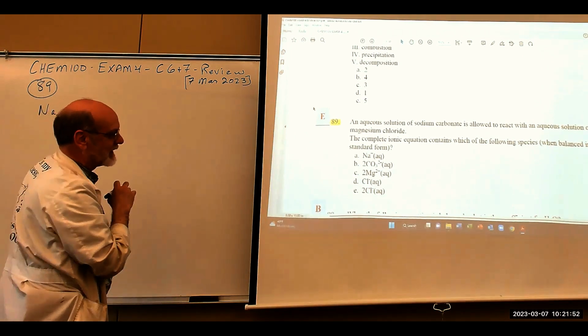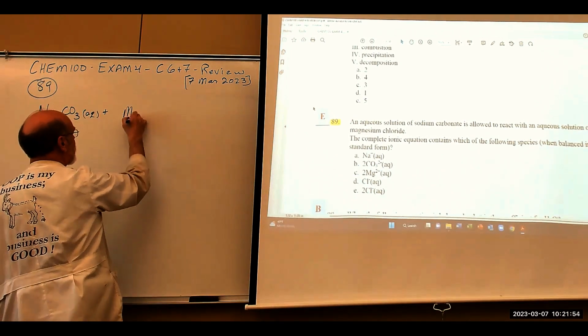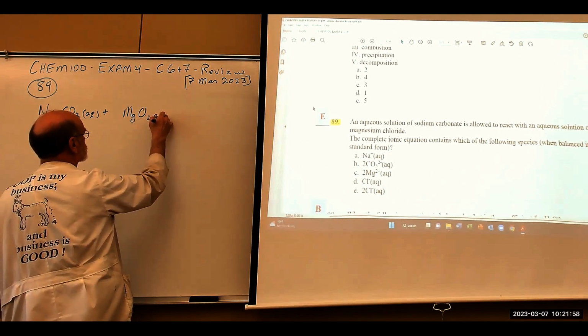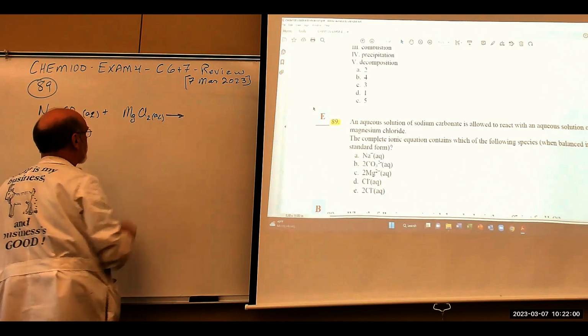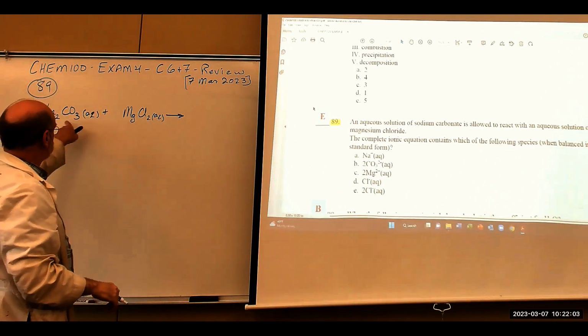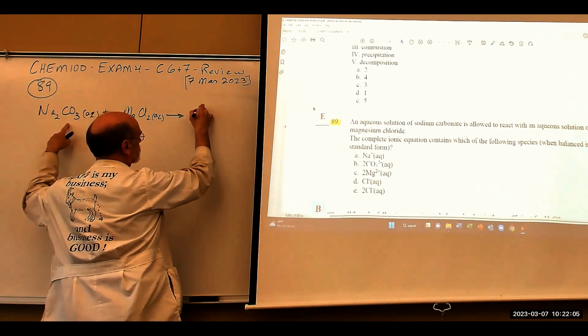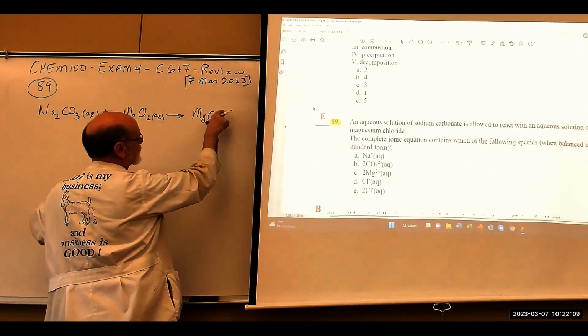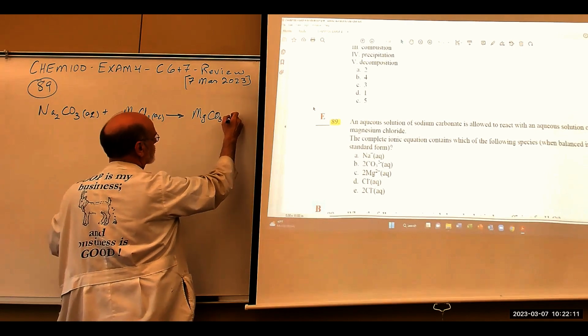And then we have magnesium chloride as the other reactant. This is aqueous solution. And that produces magnesium combining with carbonate. Right, 2-, 2+, that's balanced.